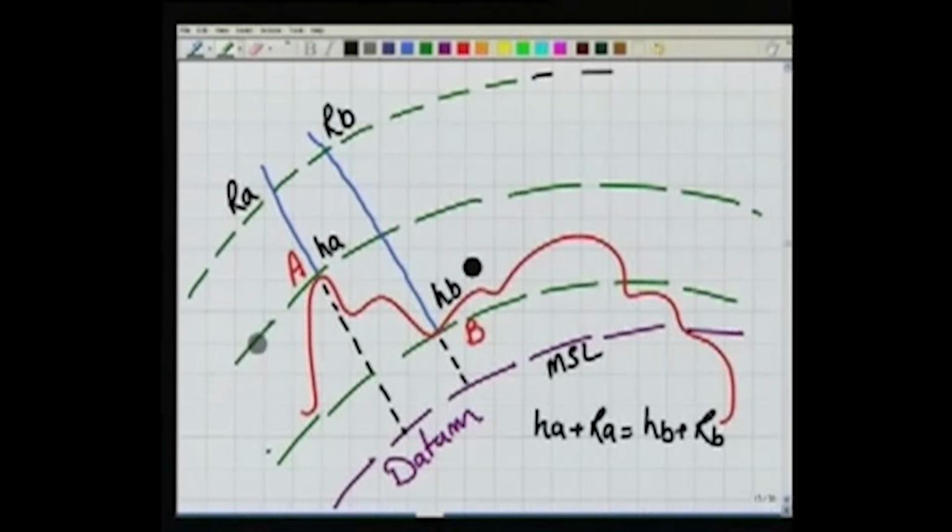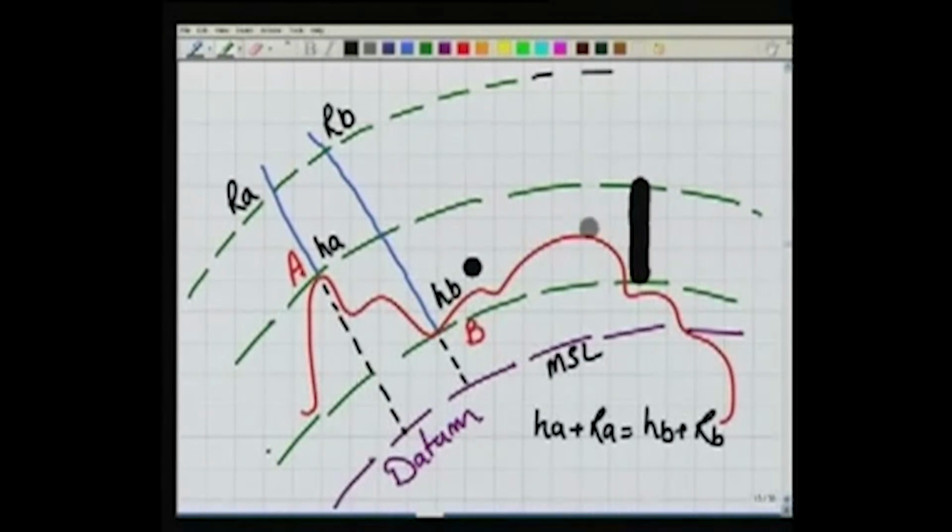Similarly, passing from A, this is also a level surface. So anywhere the difference between these two level surfaces will be the height difference between these 2 points, obviously.